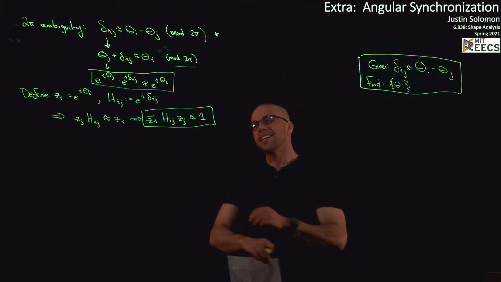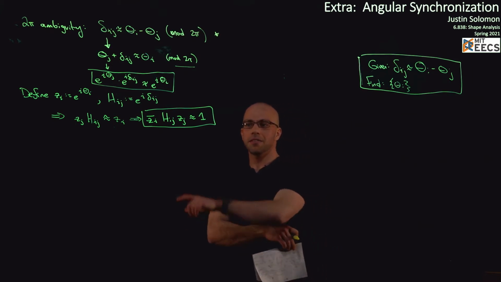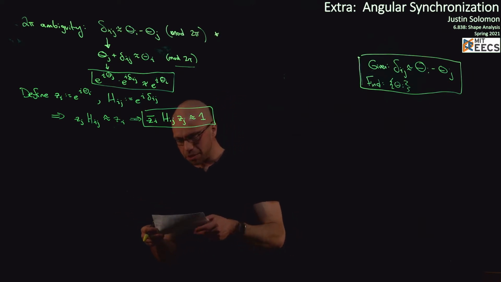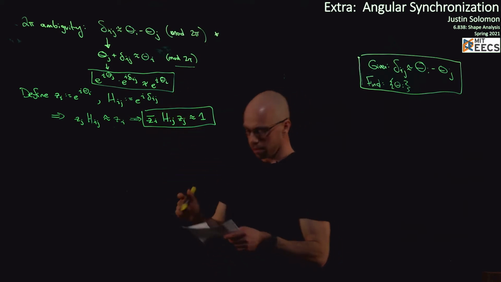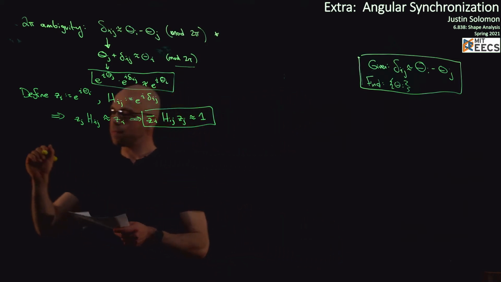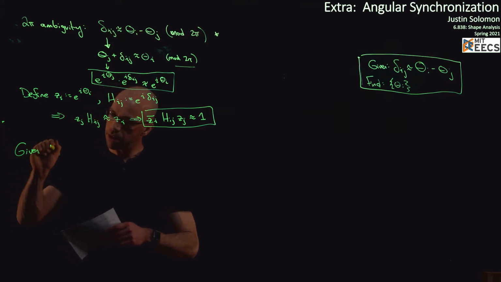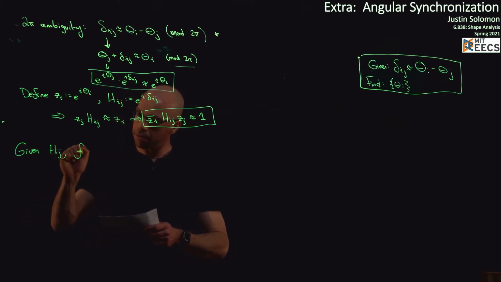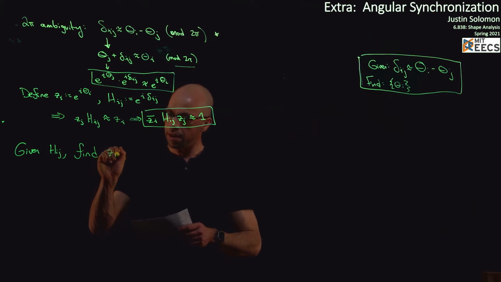So the reality is that if our delta ij's here are inconsistent, then this really is an approximation. So again, let's make sure that we remember what our problem is, right? Our inputs are the deltas, our outputs are the thetas. So now our optimization takes a slightly different form, which is, given the h_ij values, what we want is to find a bunch of z_i's.